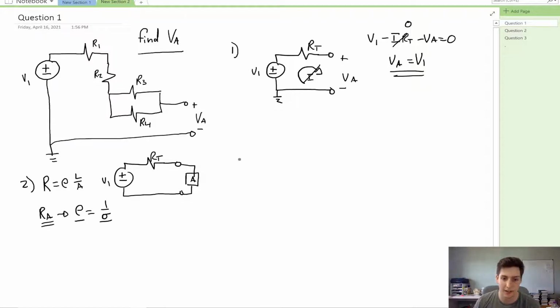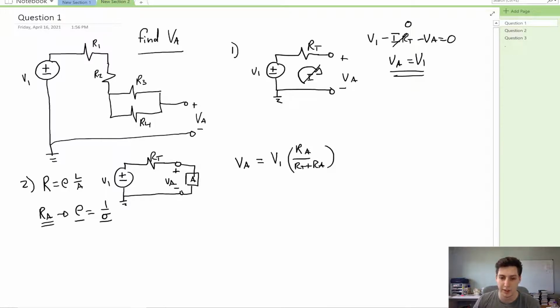And this allows us to set up now the resistor divider, where we can say, let's label everything for reference. VA is equal to V1 times RA over RT plus RA.